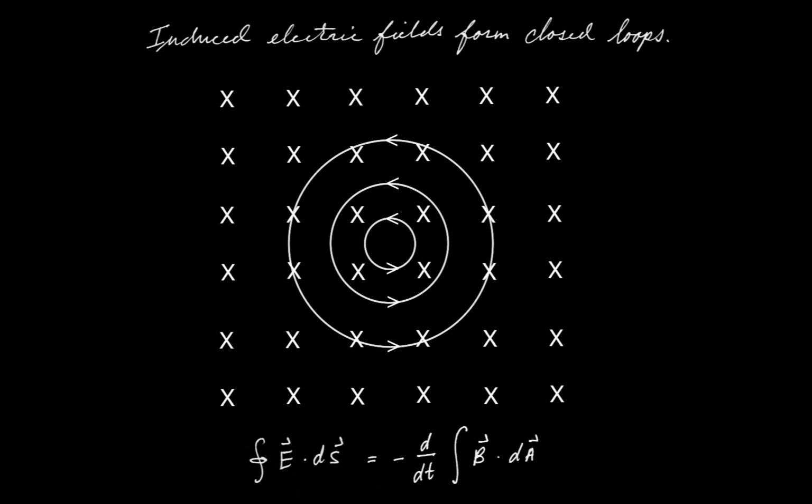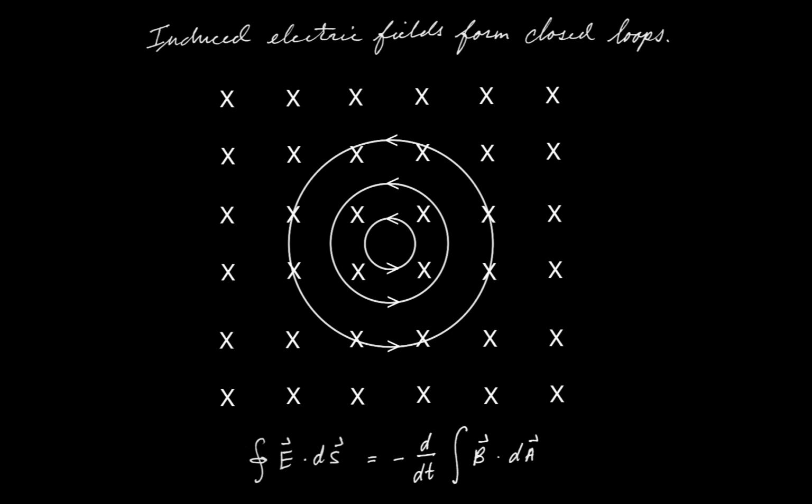Now, I made the declaration at the beginning of the problem that the magnetic field was increasing, which means the flux into the screen is increasing. Notice that my law has a negative sign in it. This is where the negative sign comes in. I have my thumb pointing in the direction of the field, and the field is increasing, which means the flux is increasing, and I want to oppose the change in flux.